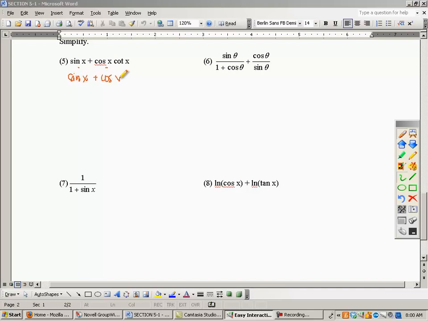This is already a cosine, but I know that cotangent is cosine over sine. I'm going to make this a single fraction, and then we're going to add two things together. So I have the sine of x over 1, plus cosine squared over sine. To make a common denominator, I multiply the first fraction by sine on top and bottom.